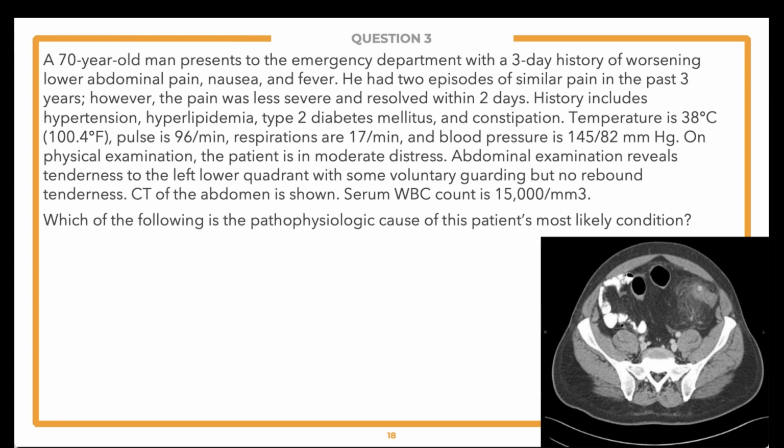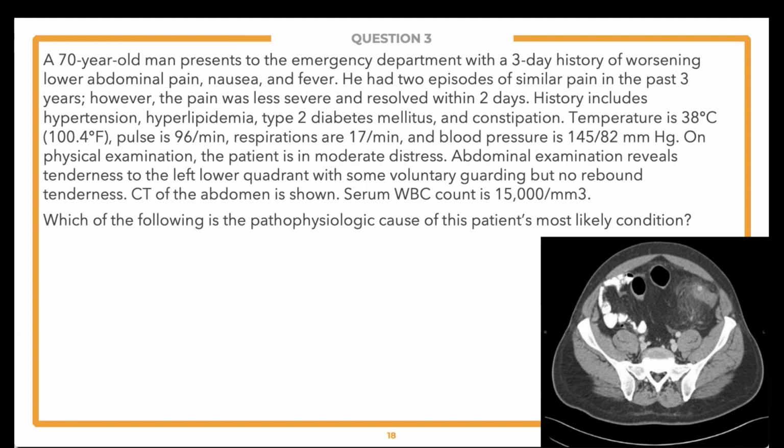Let's read the vignette. A 70-year-old man presents to the emergency department with a 3-day history of worsening lower abdominal pain, nausea, and fever. He had 2 episodes of similar pain in the past 3 years. However, the pain was less severe and resolved within 2 days. History includes hypertension, hyperlipidemia, type 2 diabetes mellitus, and constipation. Temperature is 38, pulse is 96, respirations are 17 a minute, and blood pressure is 145/82.